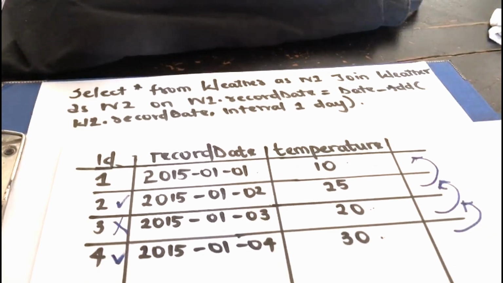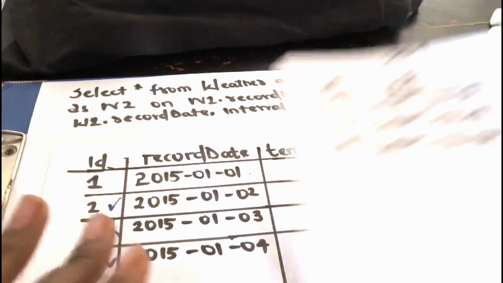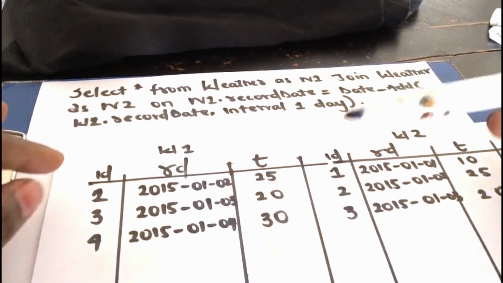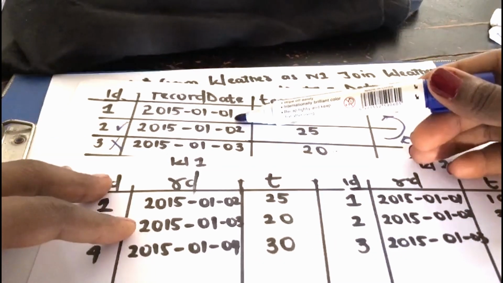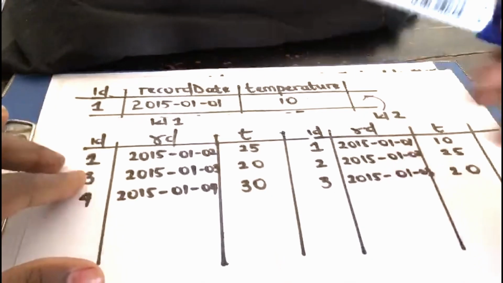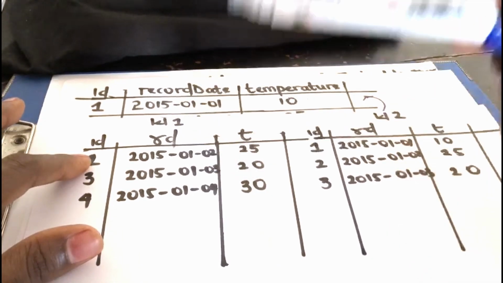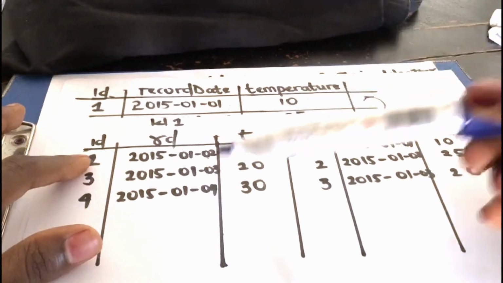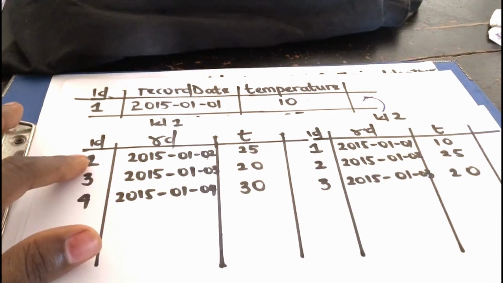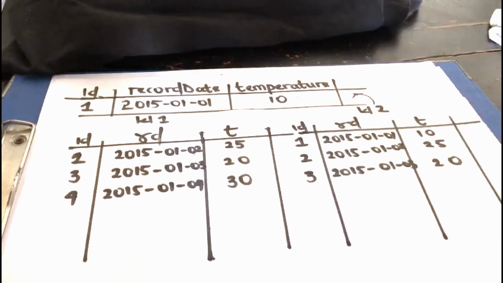DATE_ADD adds 1 day to the date. So we join day 2 to day 1, day 3 to day 2, and day 4 to day 3, in such a way that we can compare the current date to the previous date.